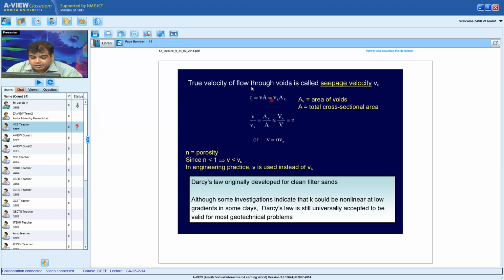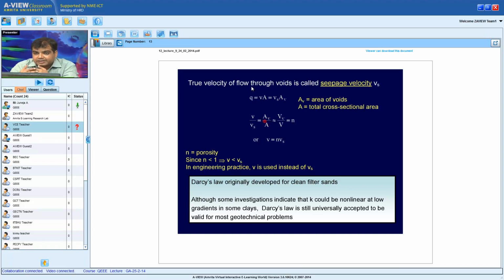That means, if you look at this expression very carefully, I get superficial velocity times the entire area of the soil equals the seepage velocity times the area of the voids, assuming that you're looking at the cross-sectional area per unit length. So the length which comes out and hits you is 1 unit. Can I say V divided by Vs equals the area of voids divided by the total area?